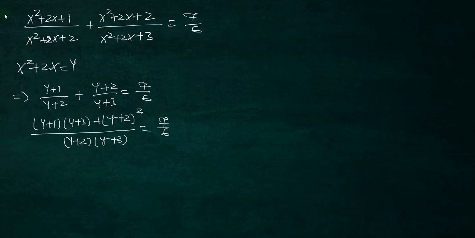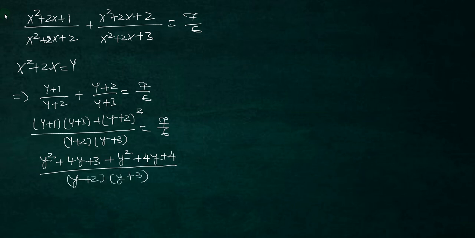And then the multiplication of this, we're gonna have y squared plus 3y plus y, we're gonna have 4y, and then plus 3, and then plus here we're gonna have y squared plus 4y, and then plus 4, all divided by y plus 2, which multiplies y plus 3, and then this is equal to 7 divided by 6.